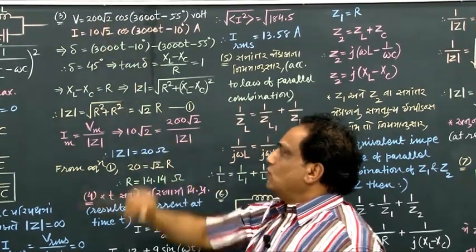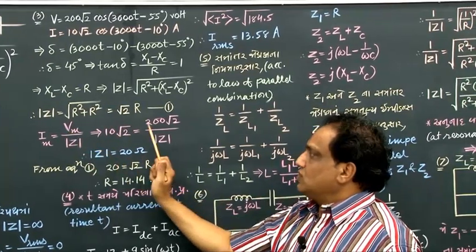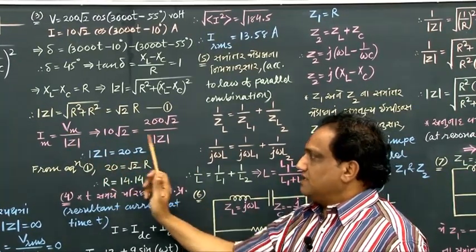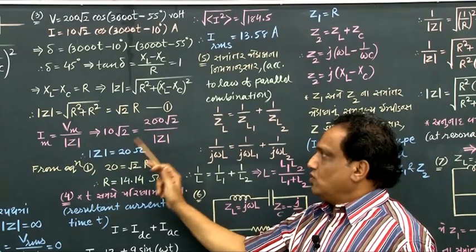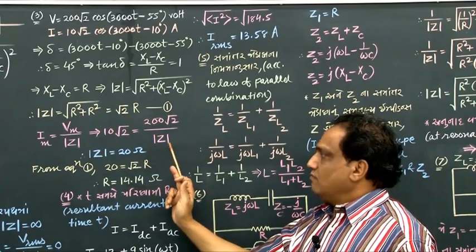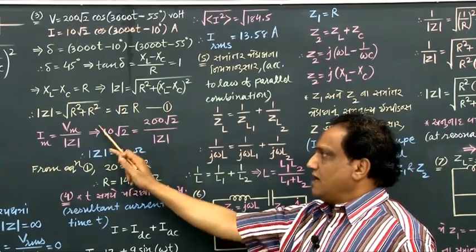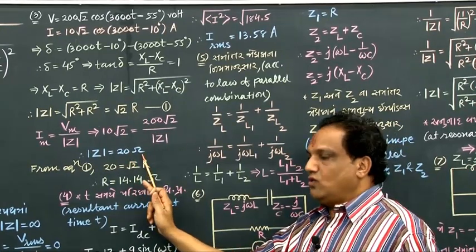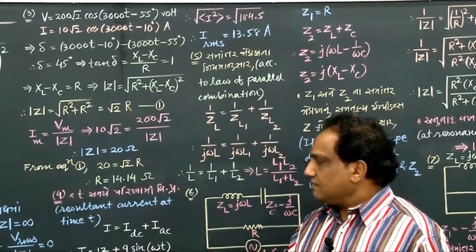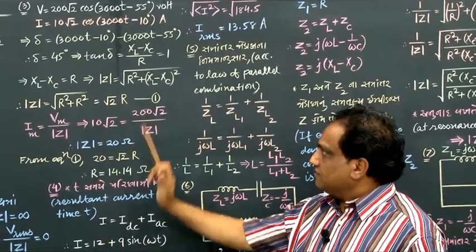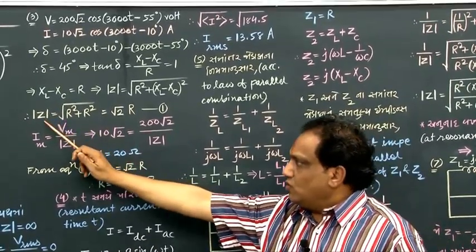It is 200 root 2. This maximum voltage is 200 root 2 equals mod Z as it is. Simplify, root 2 gets cancelled. Mod Z you can take, 200 upon 10, that is 20 ohm. Correct?